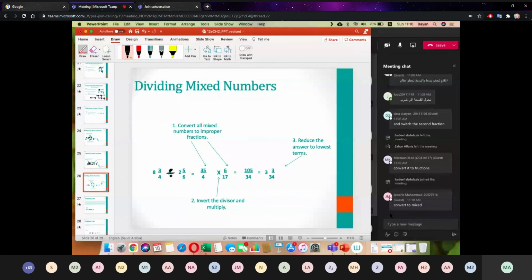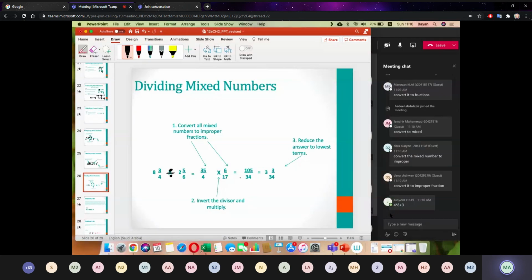Convert the mixed number to become what? Improper fraction. We convert the mixed number to become improper fraction, right? So we have 8 with the 3 over 4. We multiply 8 by 4 plus 3, right, Judy? We'll give you 35. You convert it will be 35 over 4.